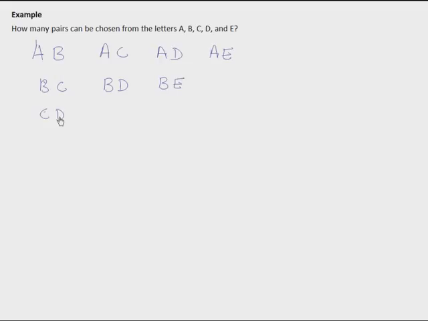Then C and D, C and E. That's taken care of all the C's, and the last pair is D and E. So, having listed all the pairs in a very well ordered way, first picking all pairs that have the letter A, then picking all other pairs that have the letter B, and so on, I get my final answer, which is 4 plus 3 plus 2 plus 1 equal to 10 ways.